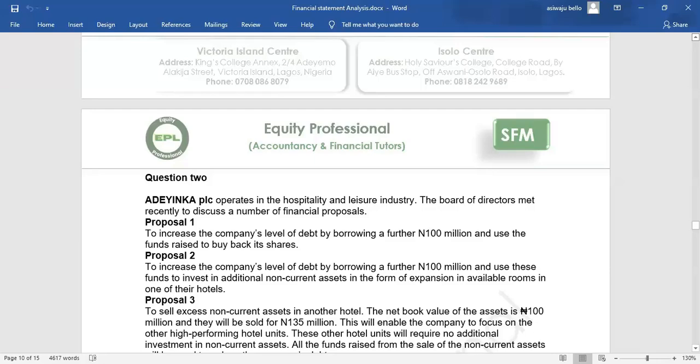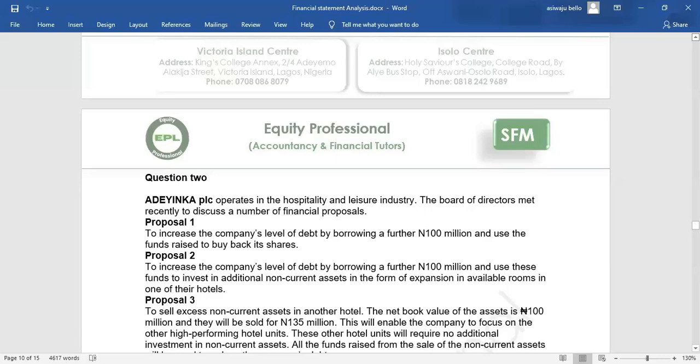Your profit margin is the measure of operating efficiency or operational efficiency.